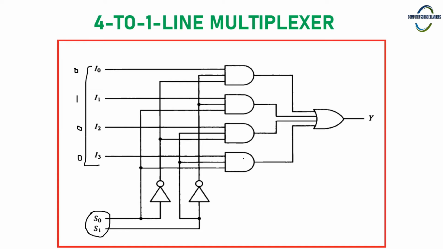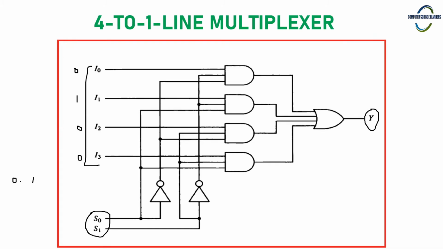Now Y will get one value out of these 4 input values. Suppose S1, S0 is 0, 1.